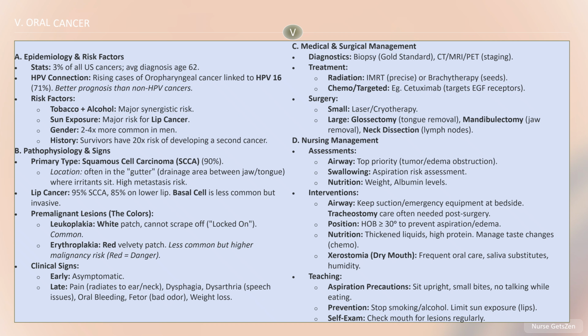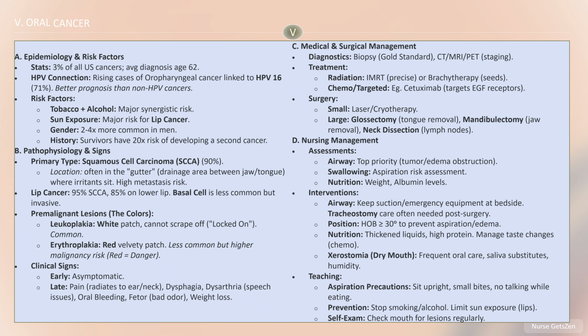The other type is the basal cell carcinoma, the second most frequent oral cancer, atypical, appearing on the lips. It rarely metastasizes but can be locally invasive. We also have the verrucous carcinoma, a low grade that rarely metastasizes.